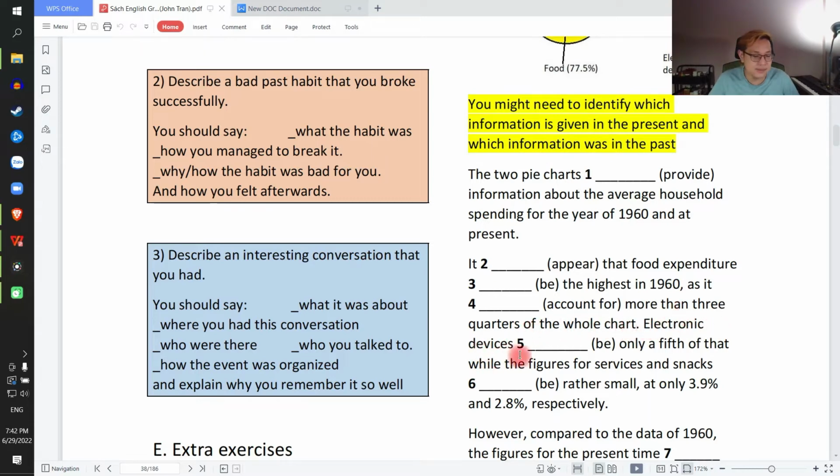Electronic devices were only a fifth of that, while the figures for services and snacks were rather small, at only 3.9% and 2.8% respectively.